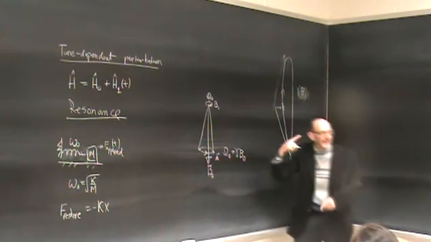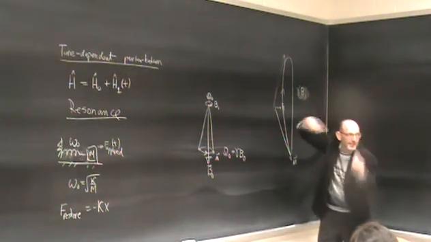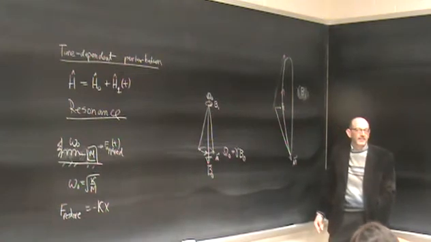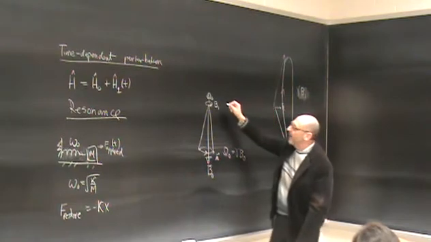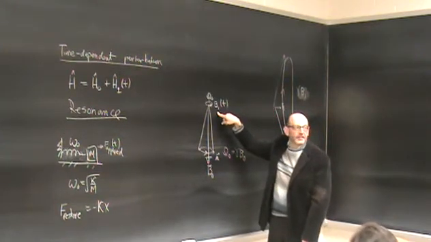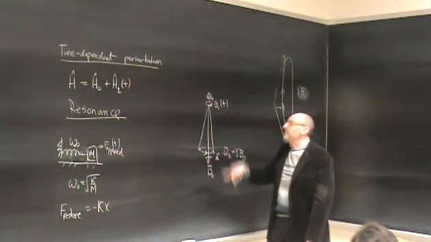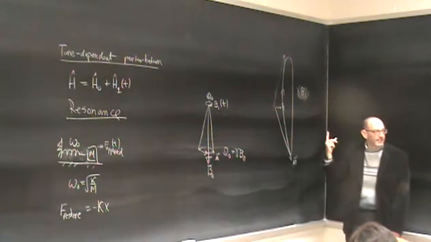It's hard to wrap your brain around that. So this guy is going from down to up, but at the same time going around like that. The point is that if I have a time-dependent applied force, and if the time dependence of that force is on resonance, well, then it adds up a lot.